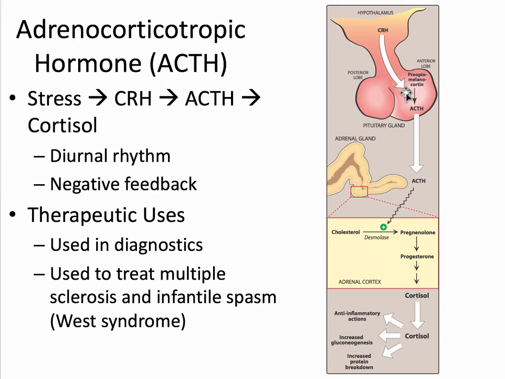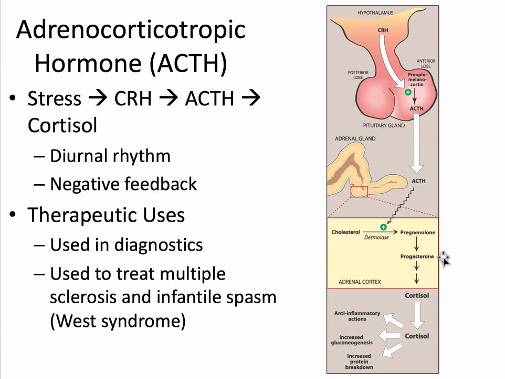But what's interesting, ACTH, its release follows, we call it a diurnal rhythm. It follows day-night cycles. So we actually have a peak of this hormone in our bloodstream around 6 a.m. in the morning. And the pathway works as negative feedback, as do many of these hypothalamus, pituitary, endocrine organs.